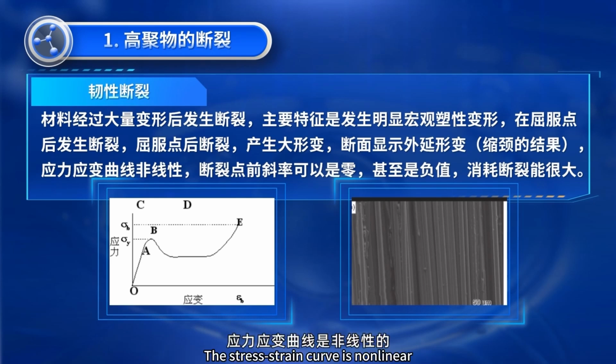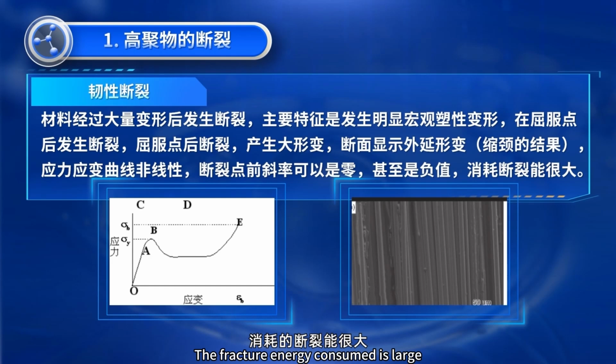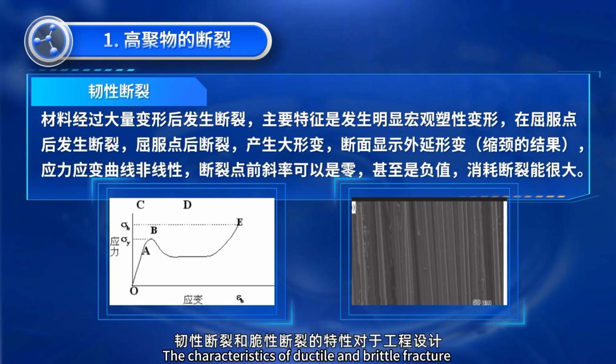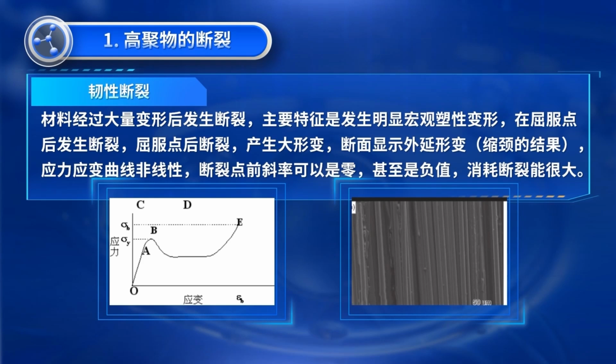The stress-strain curve is nonlinear. Before the fracture point, the slope can be 0 or even negative. The fracture energy consumed is large. The characteristics of ductile and brittle fracture are significant for engineering design, material selection, and safety assessment.